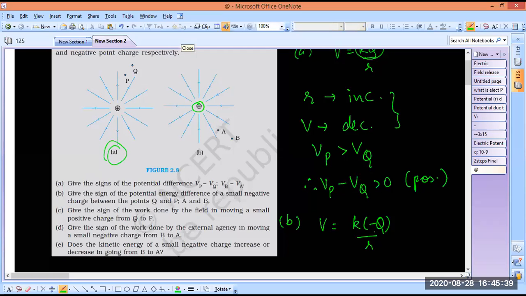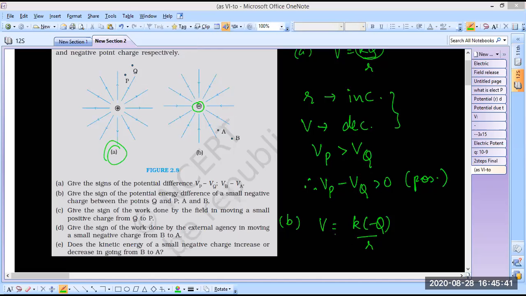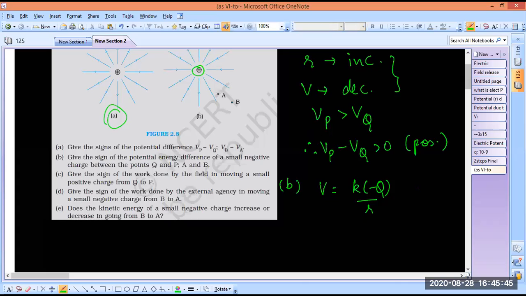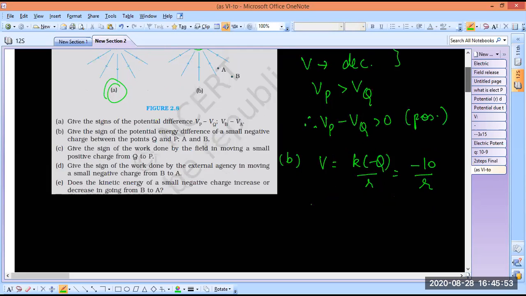Let's see. Now see, this is a negative number. Let's put minus 10 over here, suppose the numerator is minus 10. Now if I put a small distance, r equal to 1, then V will be minus 10. But if I put r equal to 2, meaning larger distance, then V will be minus 5.